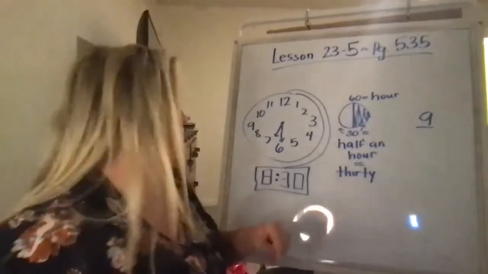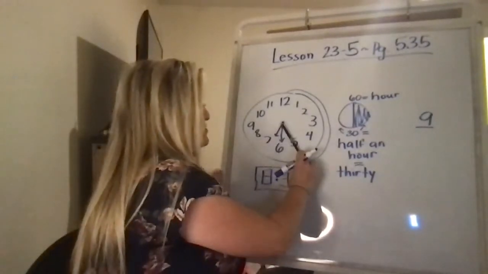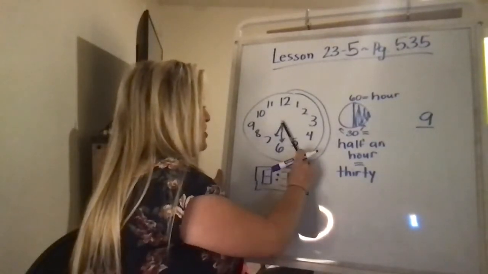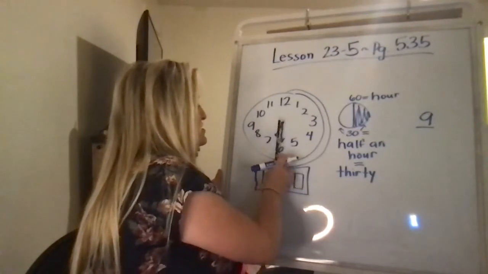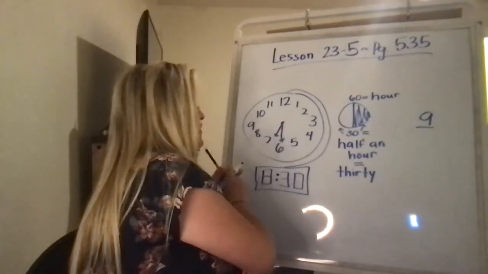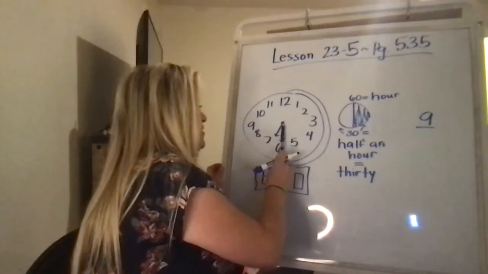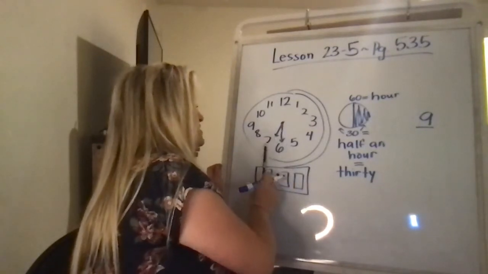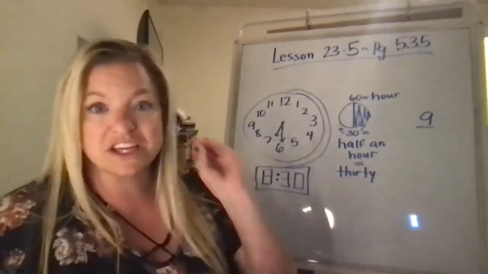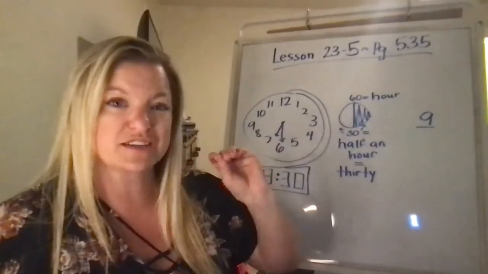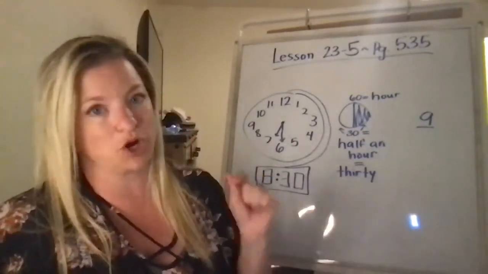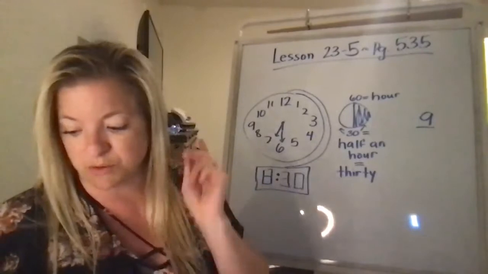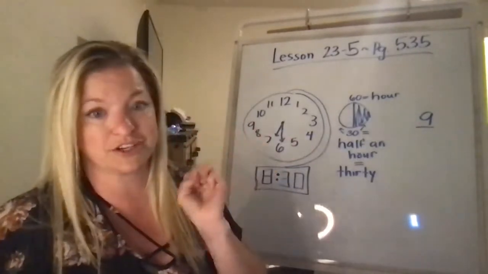It's at 5:30 because the hour hand is over here and it's not yet 6 o'clock. So that's 5:30. This is 6:30 because the minute hand is on 30 and the hour hand is between 6 and 7. And we know that the hour hand starts to move closer to the next number as that next hour approaches. So the one you're going to circle is the third clock.